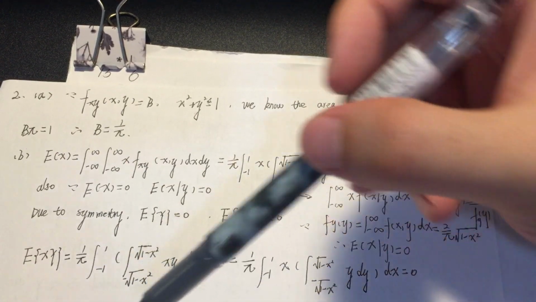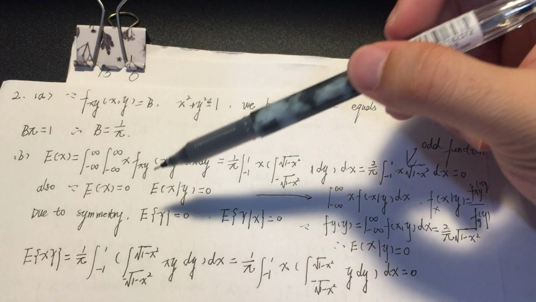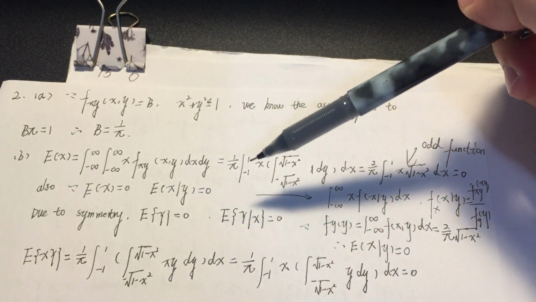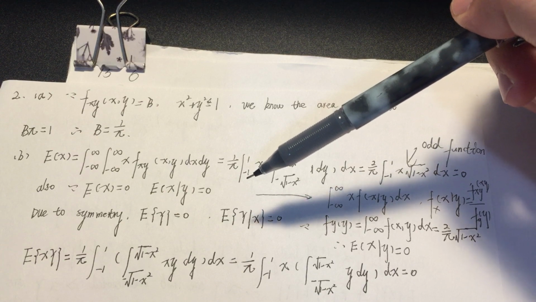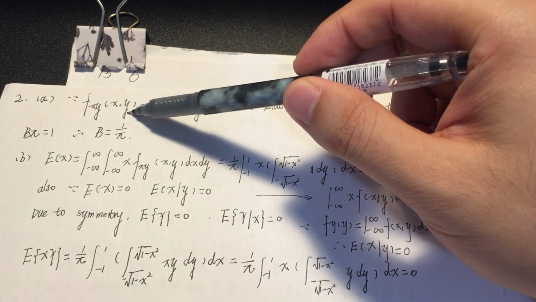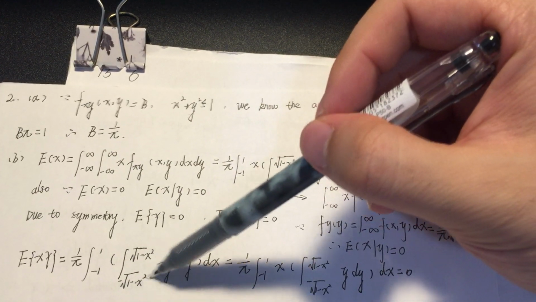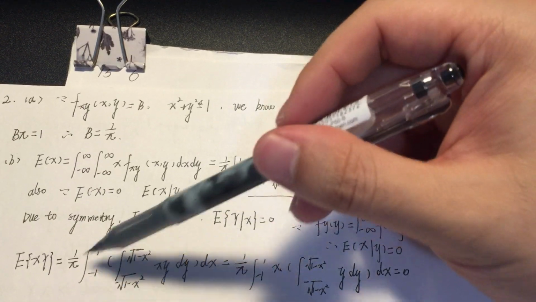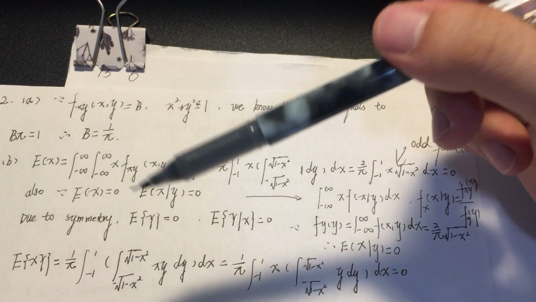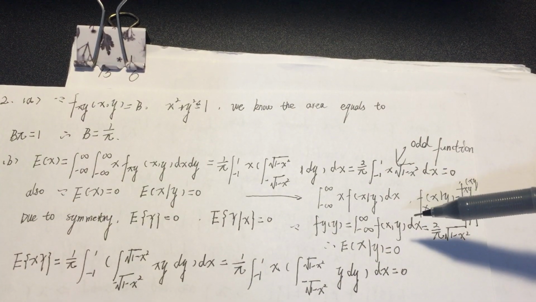If we want to calculate the expectation of xy, we have to multiply xy with the density function and integrate over the constraint area, with respect to y and then with respect to x, and we know that equals 0.